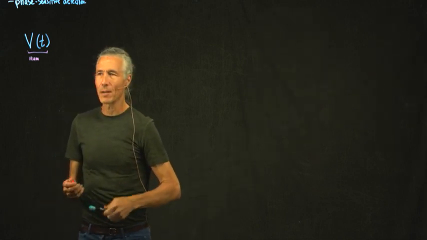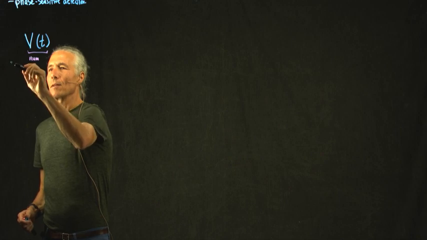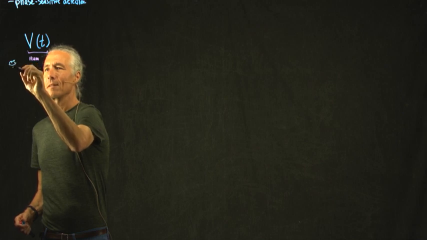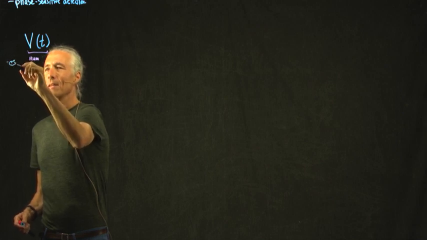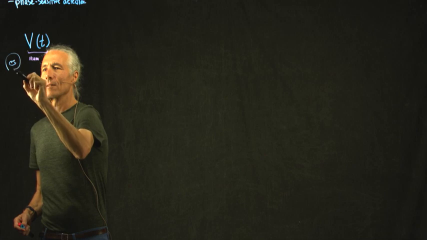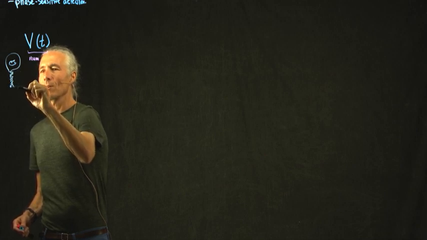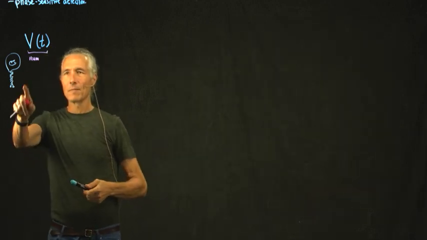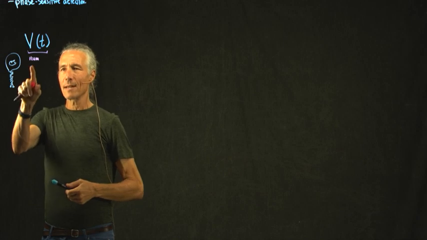So, what are we talking about? We've got a head in the coil, and here's our coil. We're talking about what we get out of the terminals of the coil. The coil is going to give us a voltage at each point in time. That's just a number.